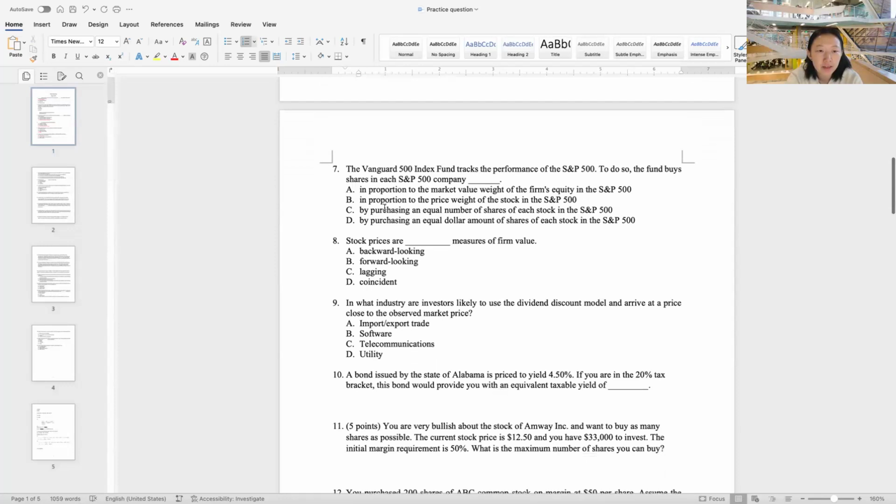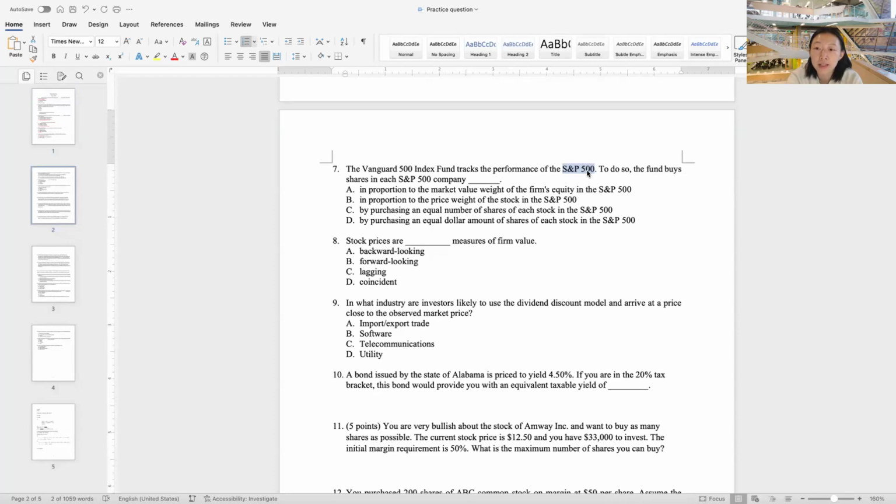Go down. The Vanguard 500 index fund tracks the performance of the S&P 500. To do so, the fund buys shares in each of the S&P 500 firms. In what ways? This is testing your understanding of how the S&P 500 is calculated, which we talked about.